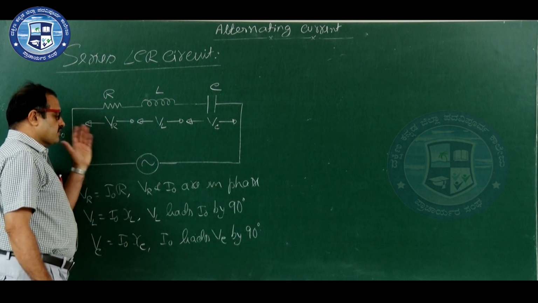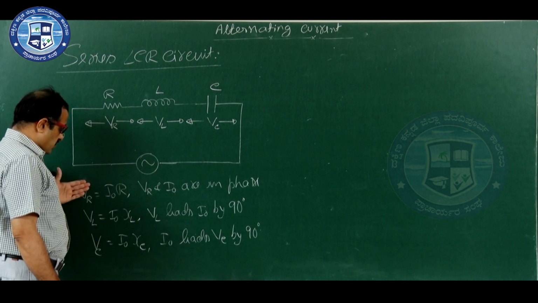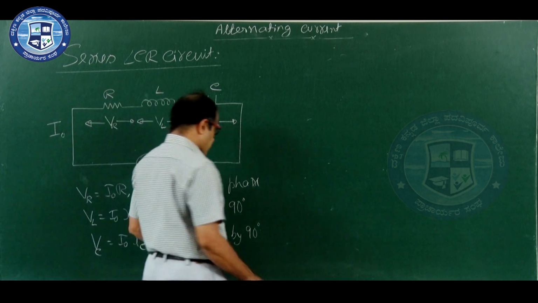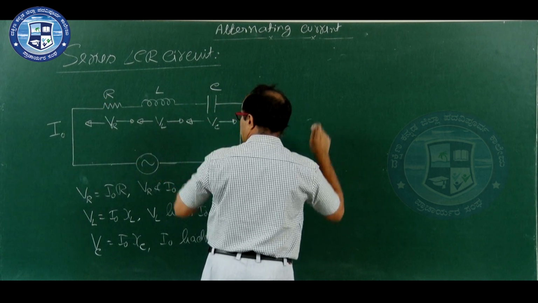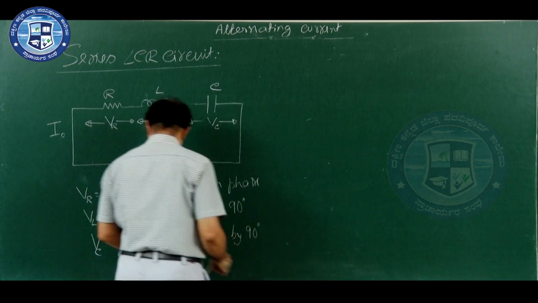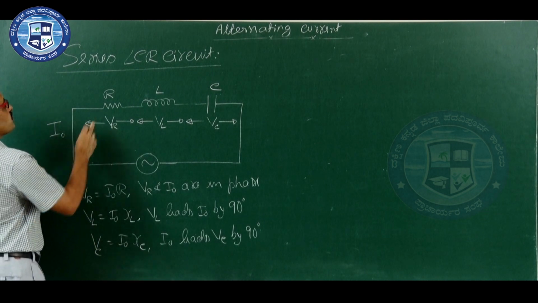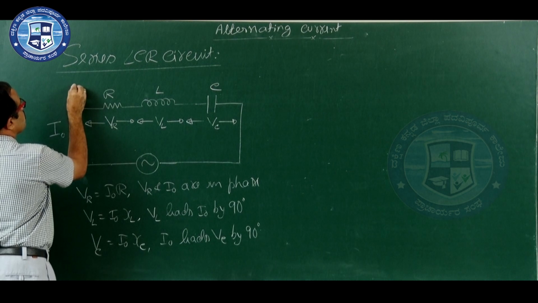Now, we try to draw the phasor diagram for these three peak values. Through all of them current is same. So, you take resistor. In the case of resistor, think that it is representing current in phasor drawing.